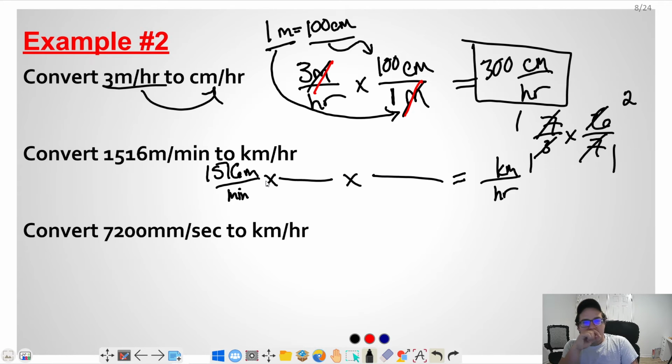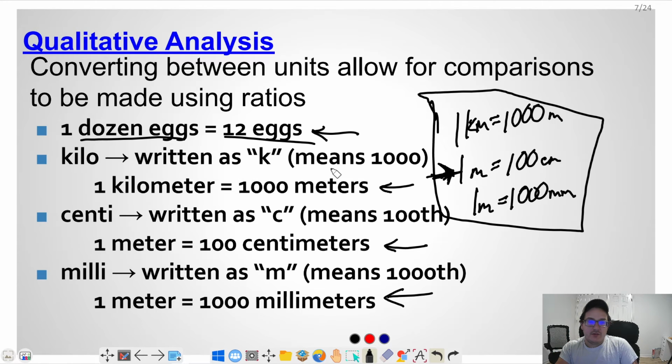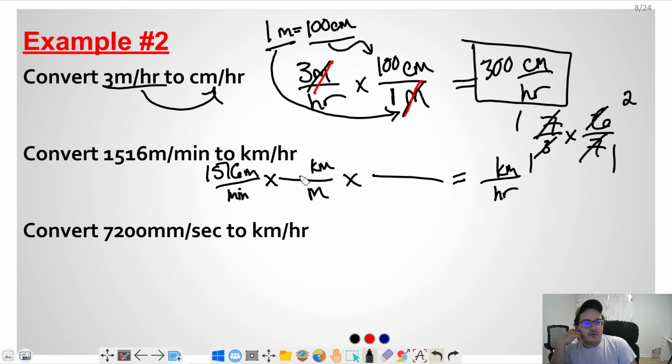Okay? So let's think about meters first. If I want this meters to cancel, it's going to go on bottom. Meters to kilometers. Okay? Now we just wrote down that number earlier, that 1 kilometer is 1,000 meters. So 1 kilometer is 1,000 meters.